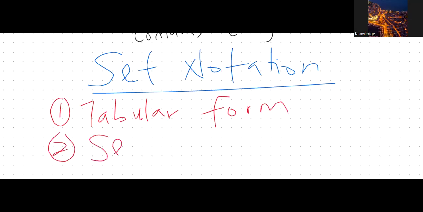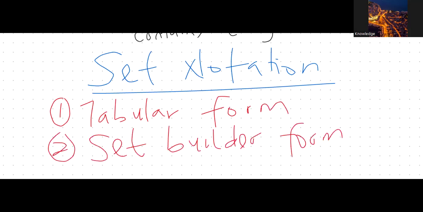builder form. The tabular form and the set builder form. Those are the two ways in which you can represent a set.